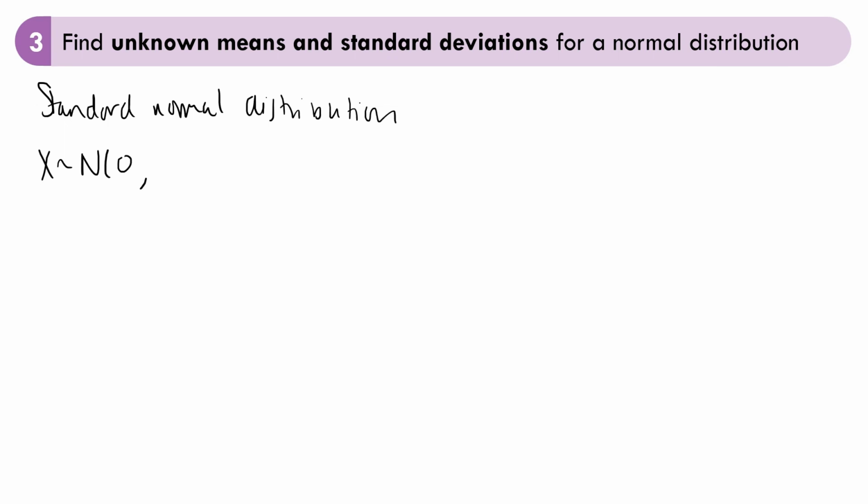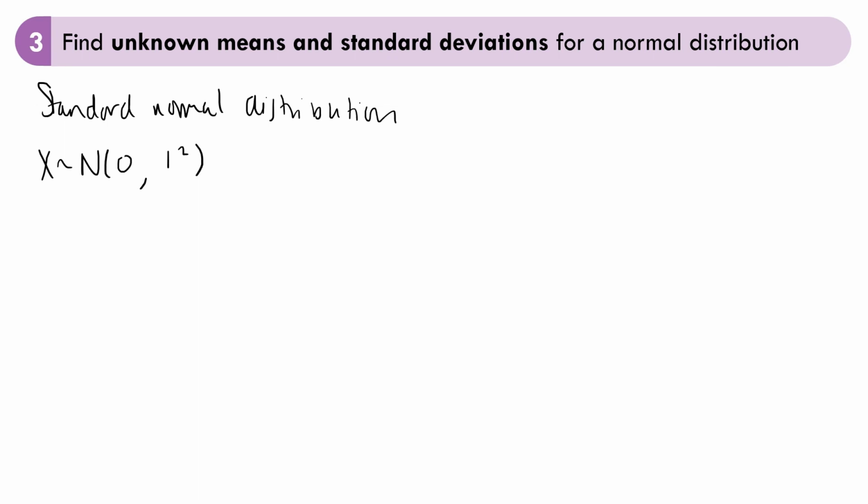We also need to be able to find unknown means and standard deviations for a normal distribution. And to do this, we need to use the standard normal distribution. And this has mean 0 and standard deviation 1.